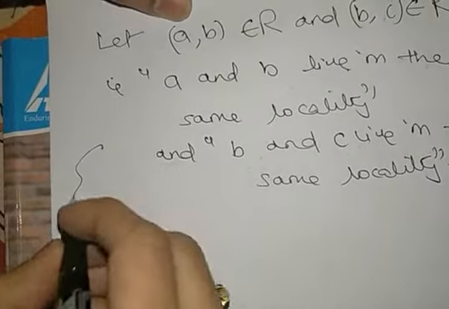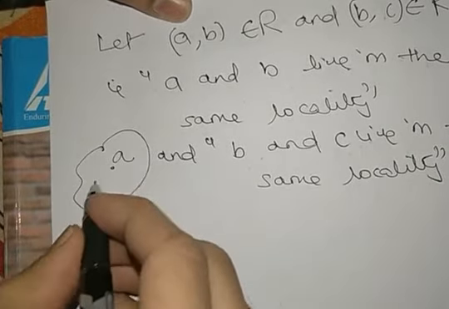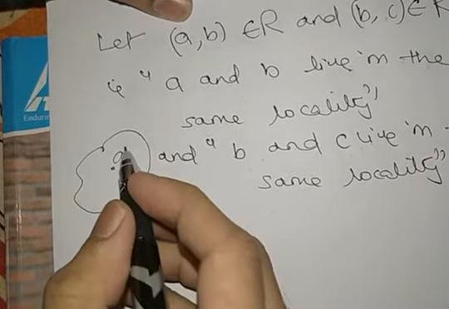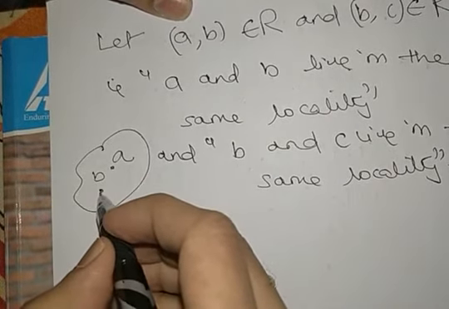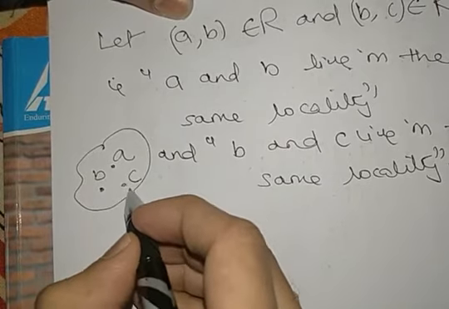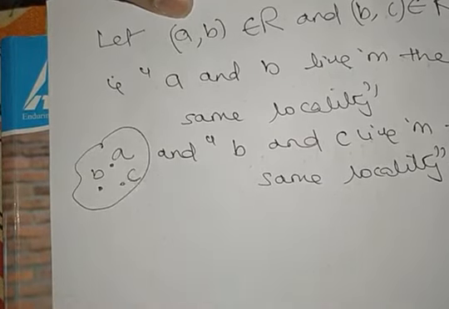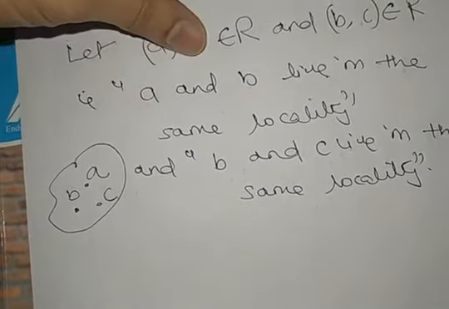So if this is the locality that they are talking about, a and b live in the same locality, b and c live in the same locality, so a and c will also live in the same locality.